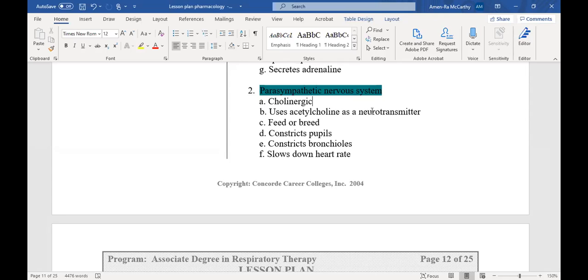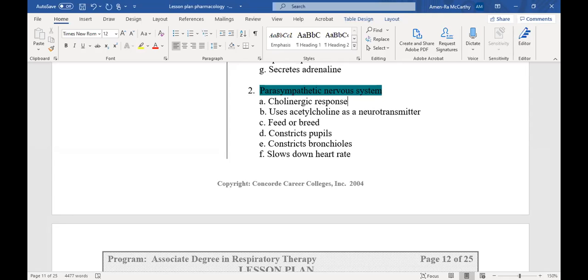So let's see what happens. So you said parasympathetic, AKA cholinergic, okay? Parasympathetic, AKA cholinergic response, okay? I'll put response right here. Cholinergic response. What happens during the cholinergic response? Well, this time the neuron has acetylcholine.